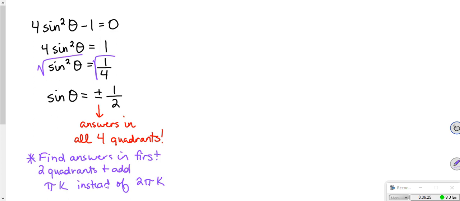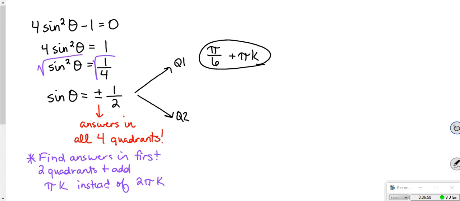So where sine is 1/2 is pi over 6. We're just going to do the first and second quadrant. So we have pi over 6 plus pi k, for the reason I just wrote down there in purple.